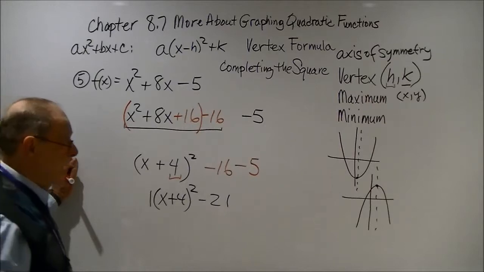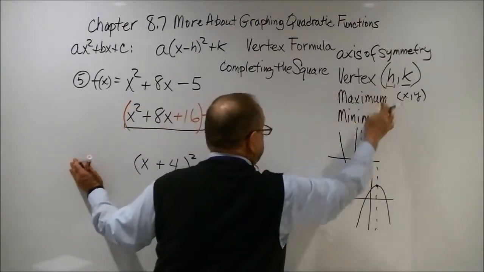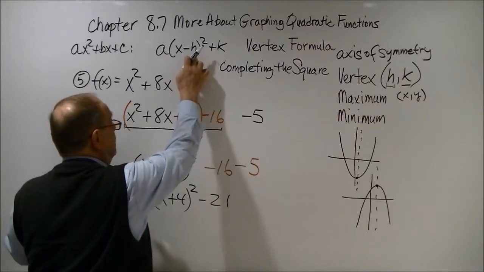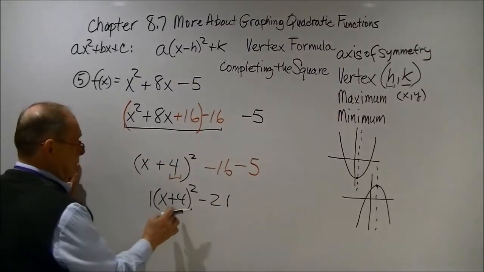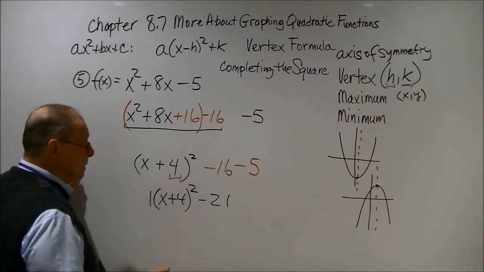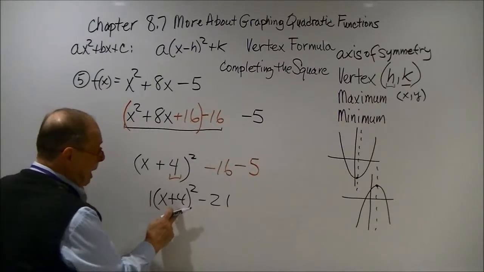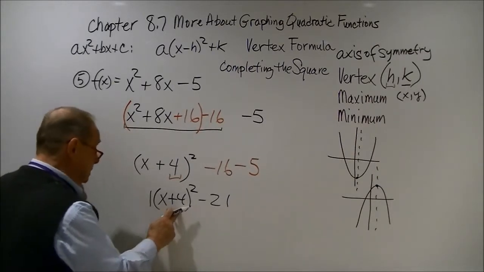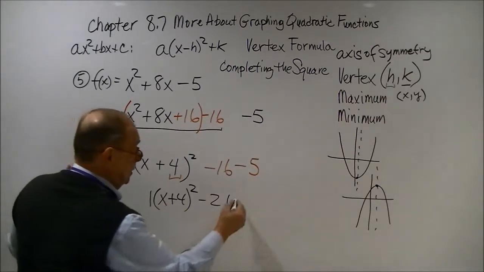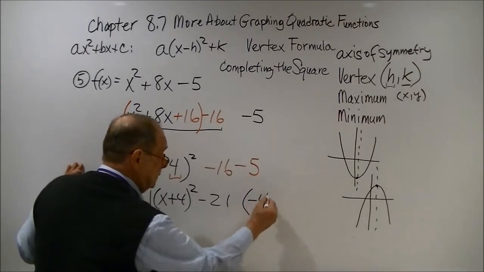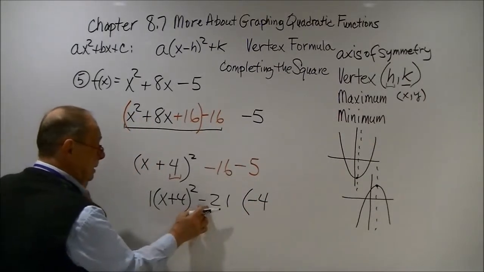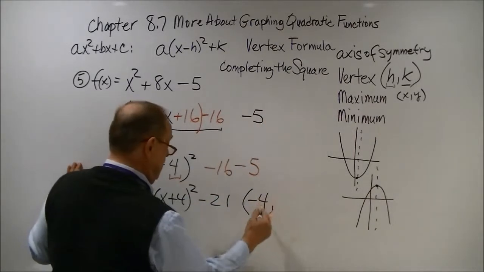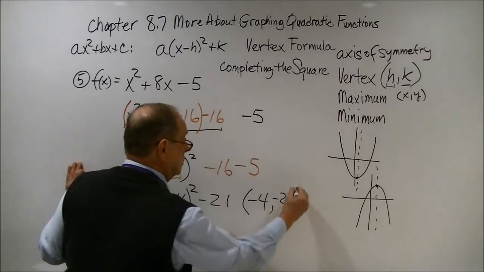Well, an interesting thing happens. Notice this is a positive h here, and in this formula it's the opposite of that. So when we write the vertex, we have to take the opposite of that positive 4. What is the opposite of a positive 4? Well, a negative 4. And this then is just the k, which is a negative 21.